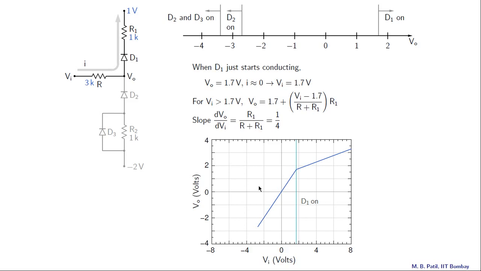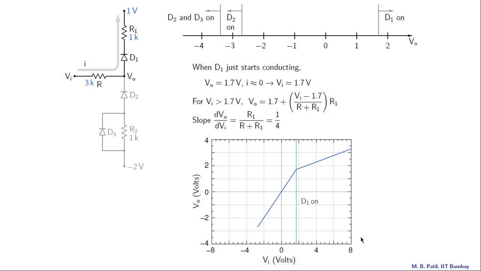In this region, when all diodes are off, we have VO equal to VI, that is a straight line with slope equal to 1 and passing through the origin. Note that this slope equal to 1 is not really looking like slope equal to 1 because these scales are different. Here we have minus 8 to 8 volts, and for the y-axis we have minus 4 to 4 volts.